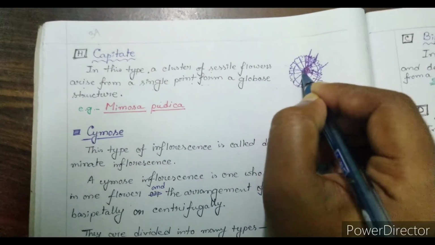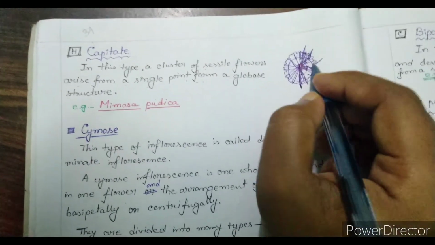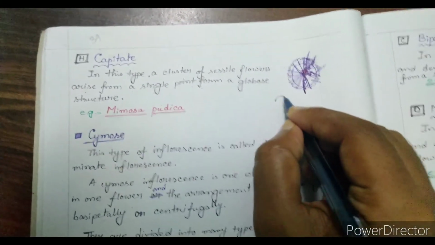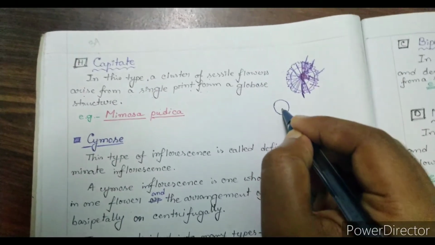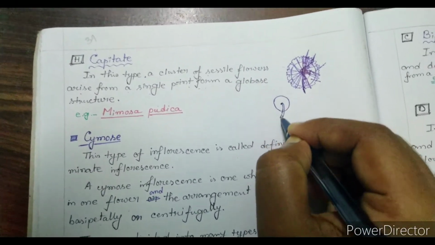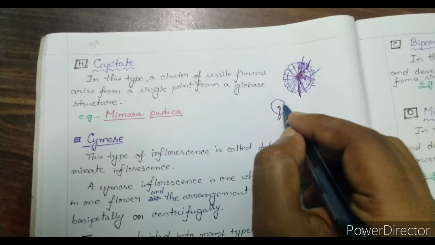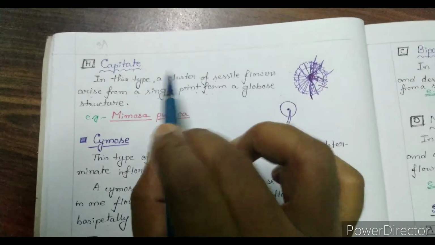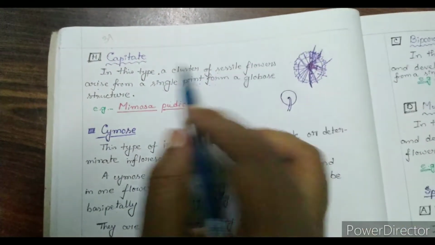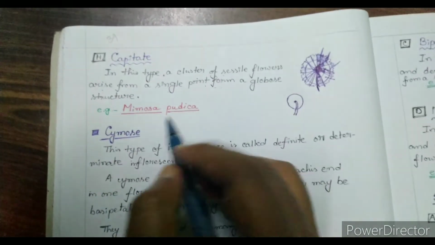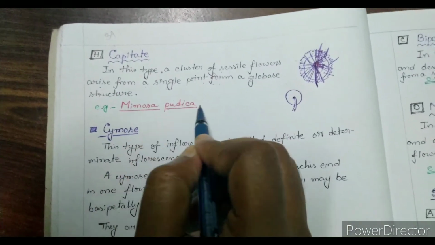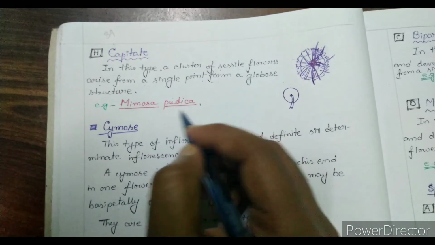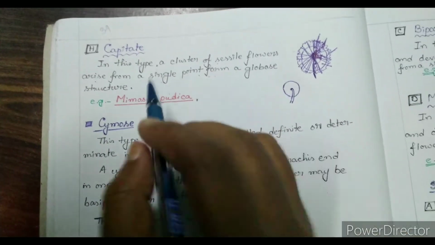This is called capitate inflorescence, or capitate racemose inflorescence. It is found in Mimosa pudica. Mimosa pudica plants bear this type of inflorescence.